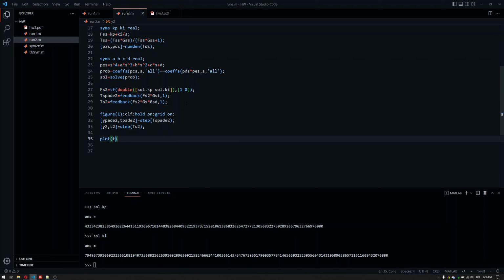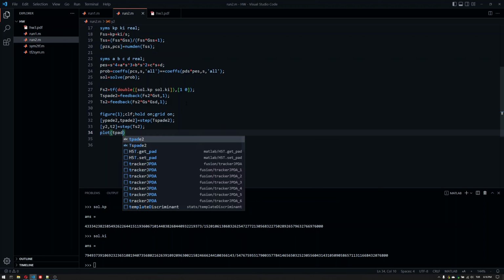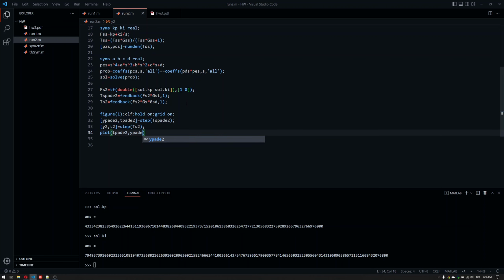So let's plot them. T Padé 2, Y Padé 2 with black and line width of 2, and of course also T2, comma Y2 with maybe a blue color here.